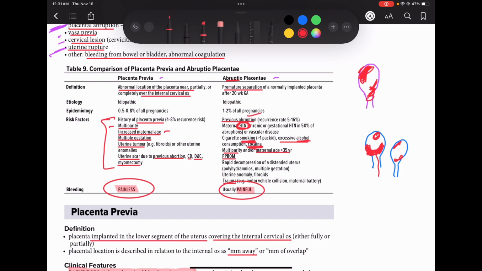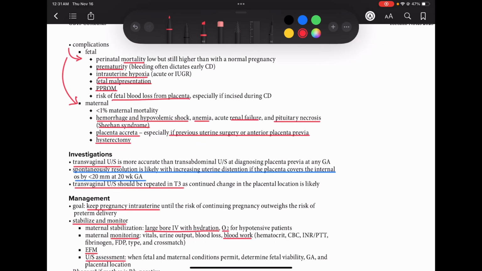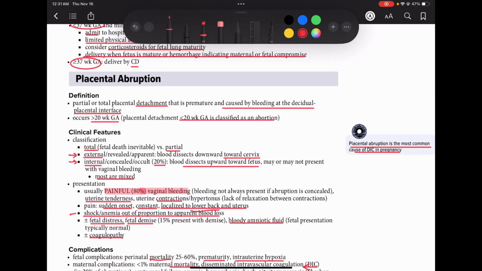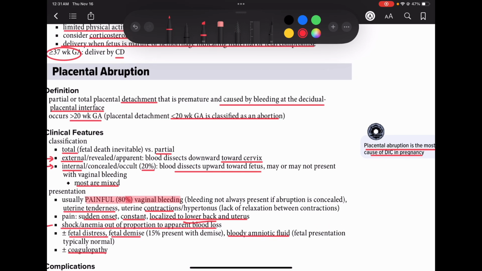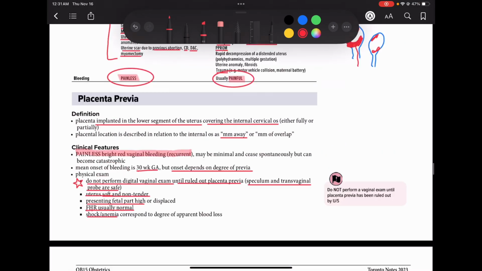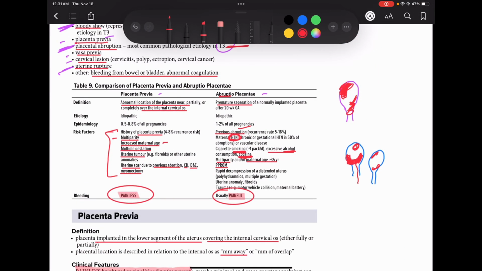And this separation, unfortunately, happens because of the bleeding at the decidual placental interface, and decidua is the maternal side. So the bleeding happens on the decidual phase, not on the chorion, but on the decidual interface of the placenta.